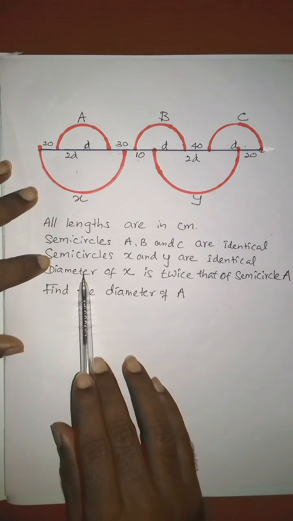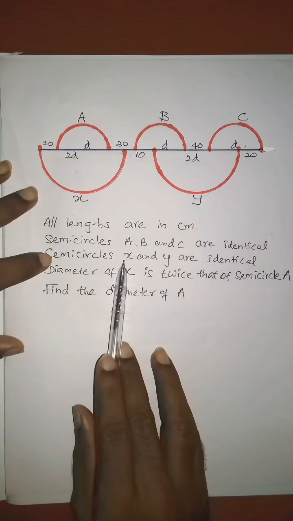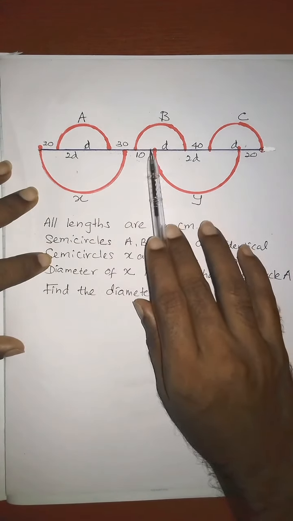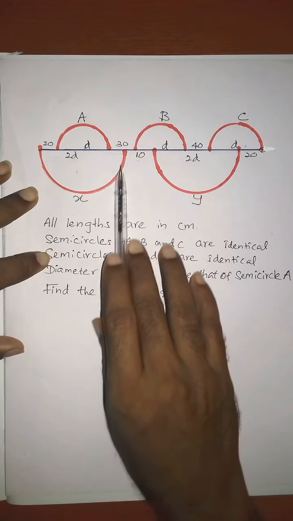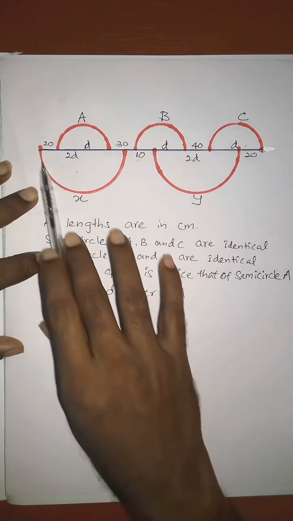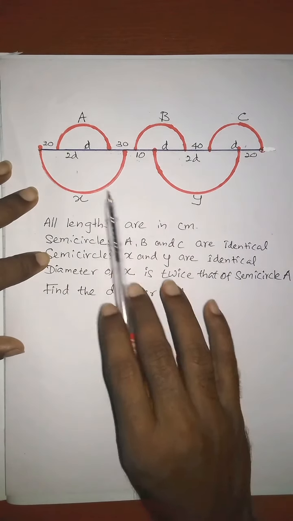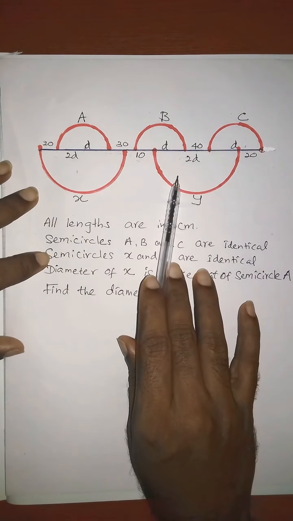Then semicircles X and Y are also identical. These two semicircles below the straight line are equal in shape and size, right?